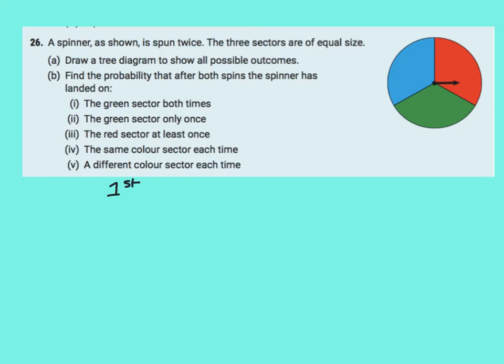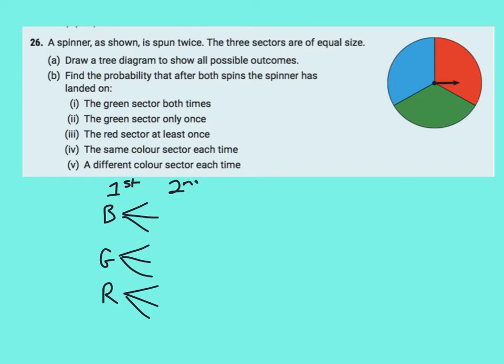On the second spin, I'm not going to have enough space here, so let me just draw this a little bit bigger. Blue, green, red. So we're going to have 3 options every time.